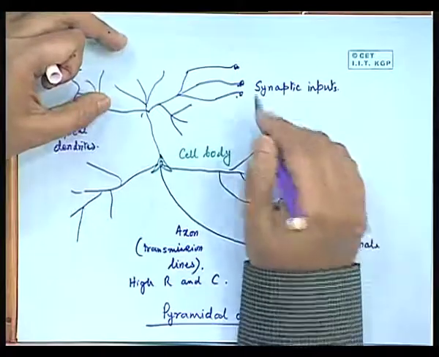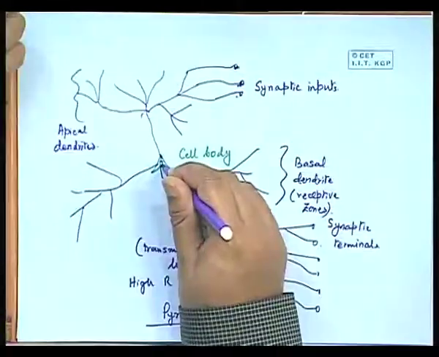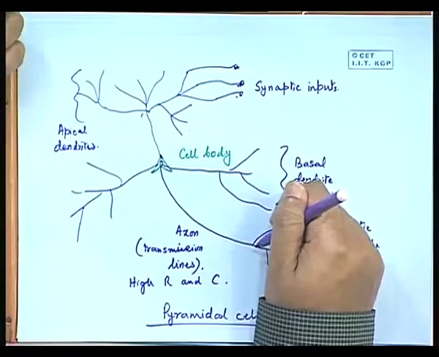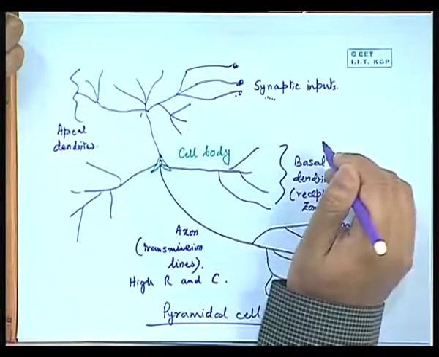Supposing initially there are some a priori connection strengths that one can take, and then accordingly there will be some response, and that response could be different from what is desired. So, if the actual response is different from the desired, naturally we have to adjust the internal parameters of the nerve cell. And what is that internal parameter? It is the strengths of the synaptic connections.